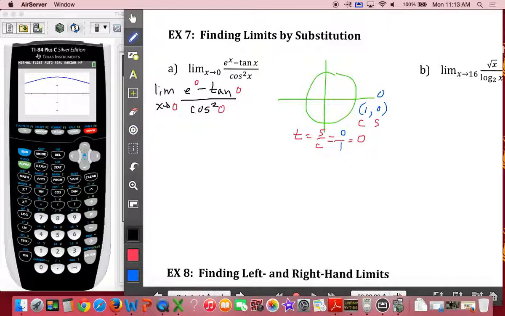So here's what we end up having. So what's e to the 0? 1 minus what's tangent at 0? 0 right there. All divided by cosine at 0 was 1, but it's squared. So we've got 1 squared, which is 1 over 1, which is 1.